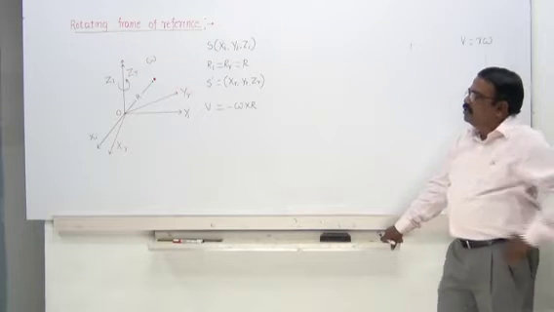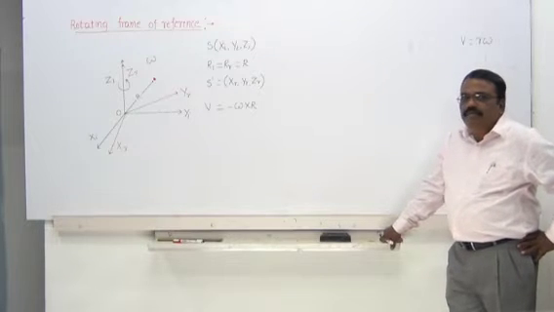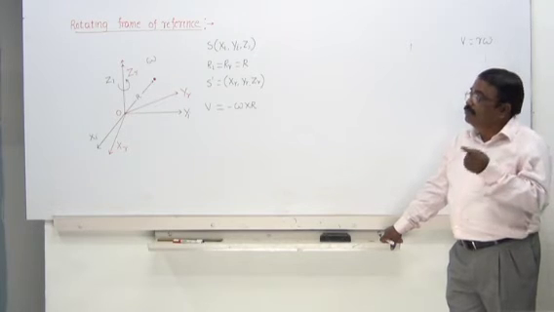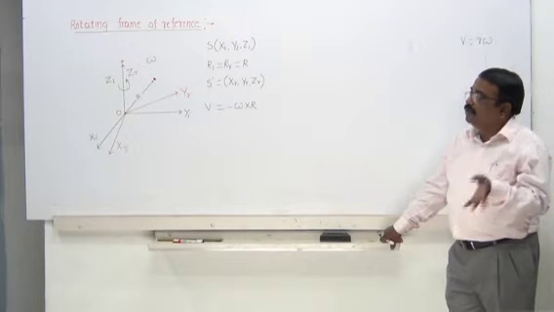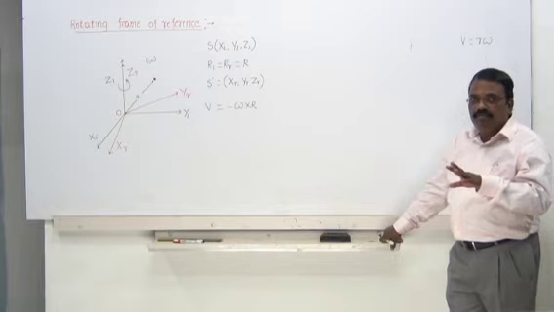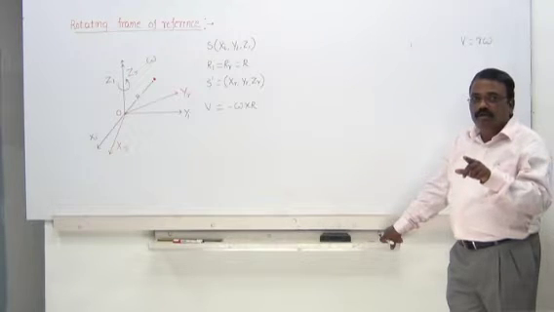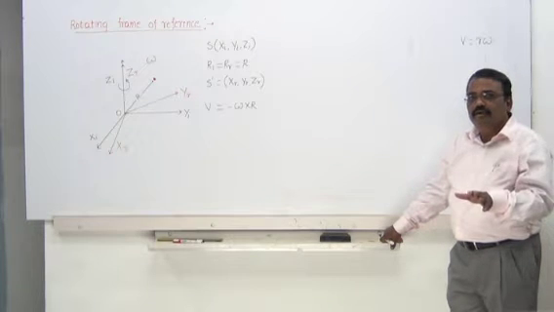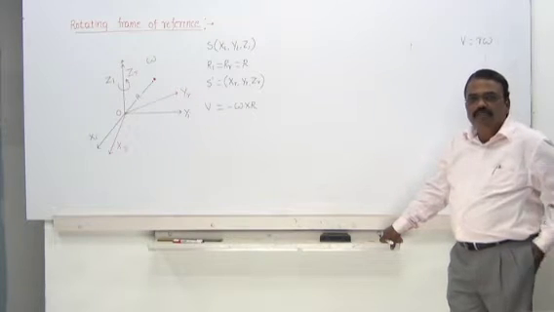Here it is taken as a negative sign because the observer is observing from the S dash frame, which is rotating, the particle which is present in the inertial frame of reference.